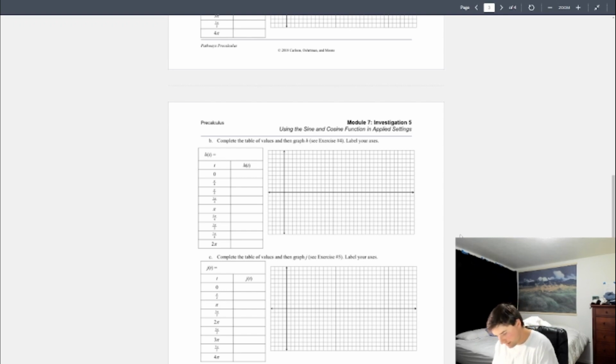I went back and said, oh, it's actually 3.8t times 2.3.